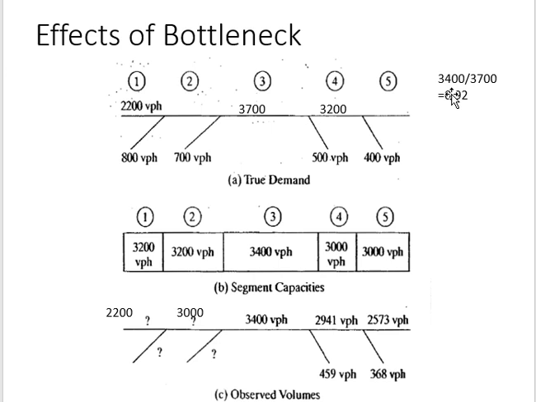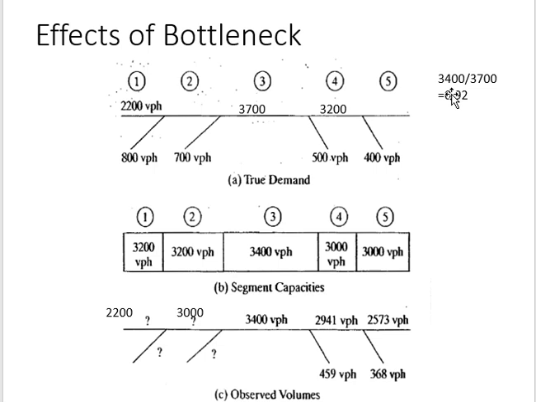In this condition, the actual flow in segment 4 was only 2,900. So there was no breakdown here. Okay, but if you look at the actual flow and actual demand and actual capacity, it should have been a breakdown. So this is what we call a hidden bottleneck.